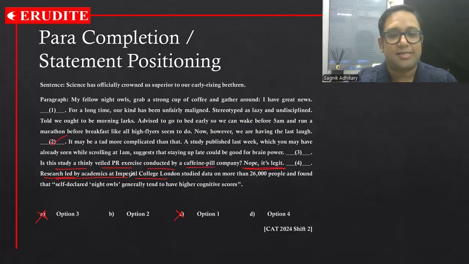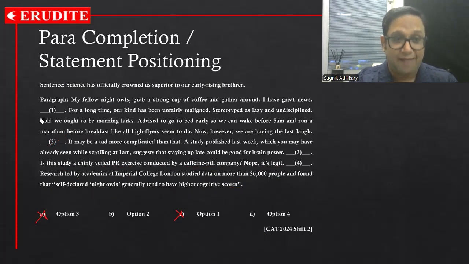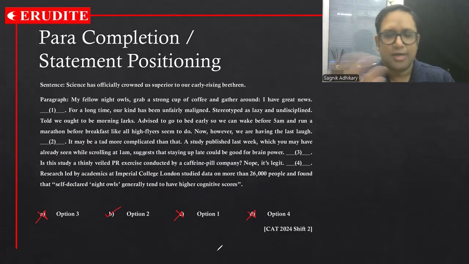Research led by academics at Imperial College London studied data on more than 26,000 people and found that self-declared night owls generally tend to have higher cognitive scores." This means that we have to qualify blank 2, which is option B, and by comparison, obviously, we can rule out blank 4, which means option D is out. The correct answer here is option B, which is blank 2.